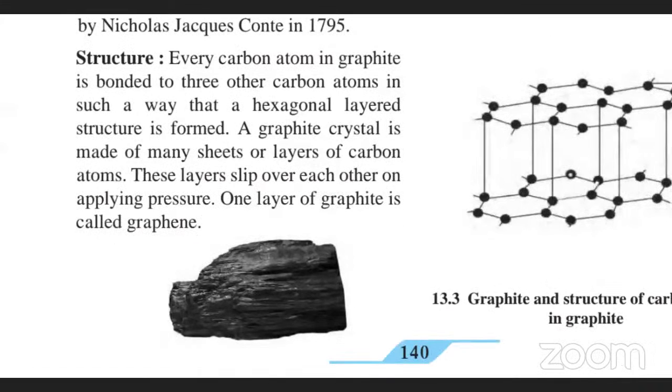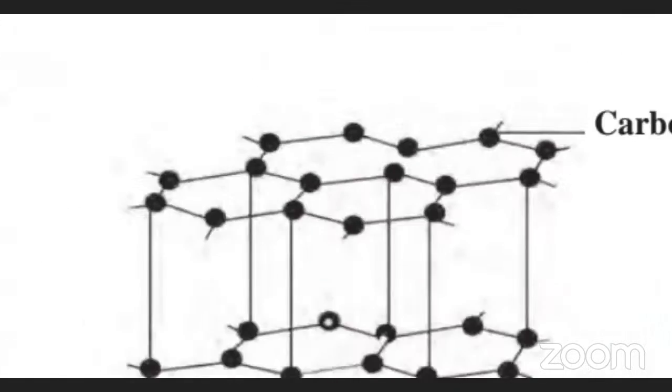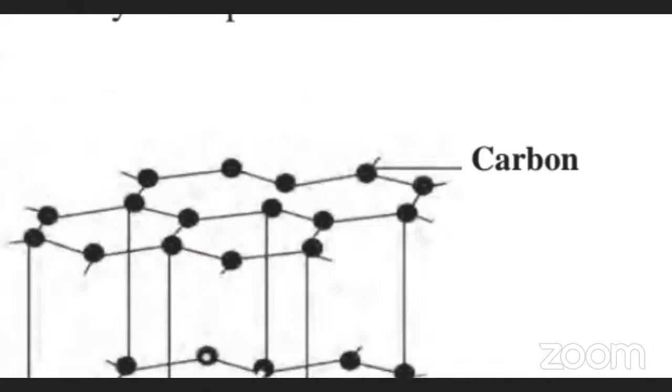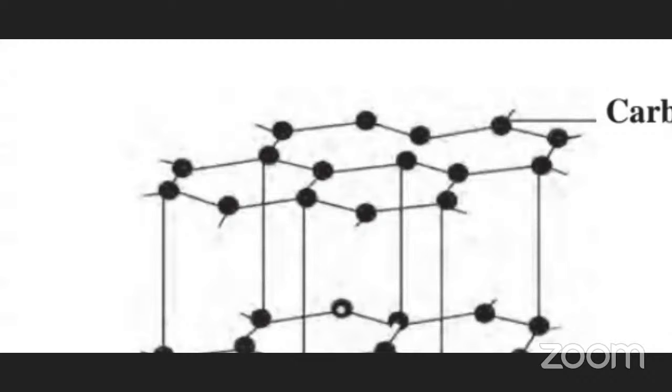Okay, so here you can see, take any of the carbon atoms from these layers. Suppose we are taking this carbon. Now tell me, this carbon is connected to how many other carbons? Tell me how many other carbons are directly connected with this carbon.